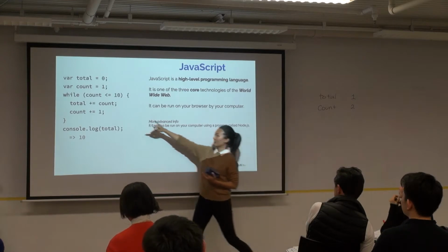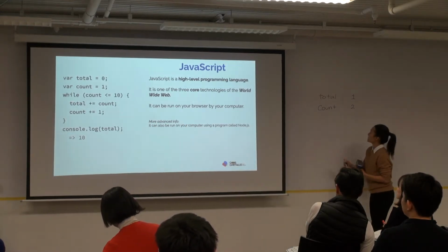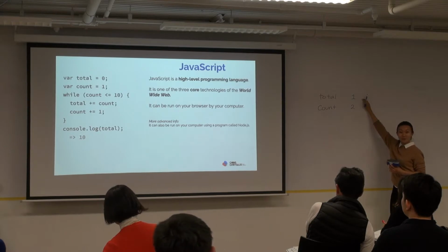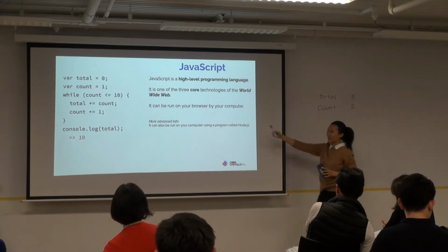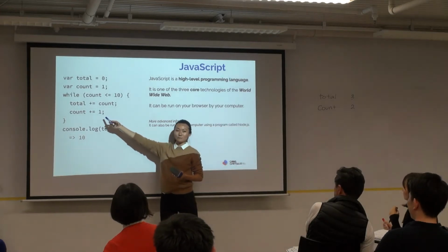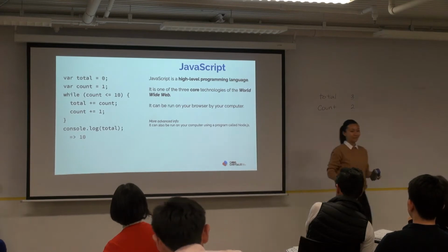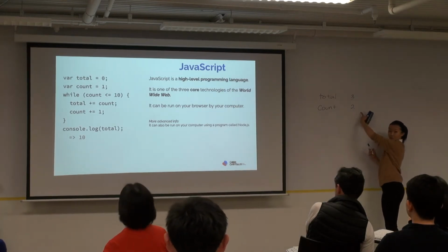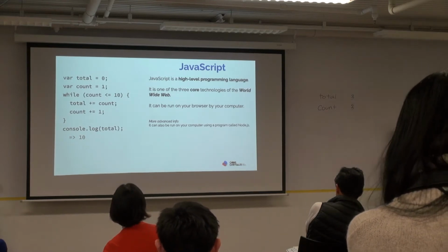Total plus equal count. What is total? 1. What is count? 2. What is the new total? 3. And the next line, count plus equal 1. What is my count now? 3, because it's 2 plus the 1.